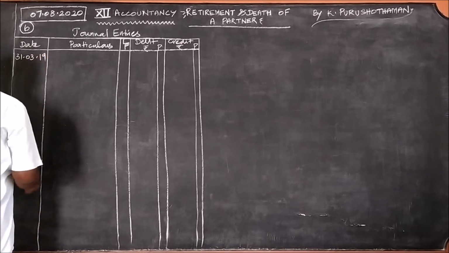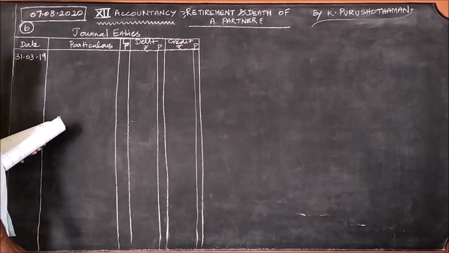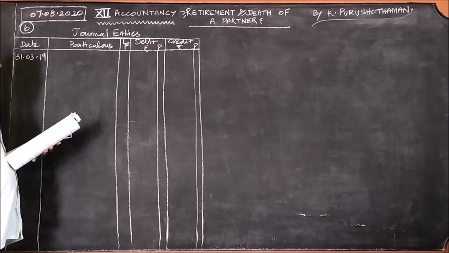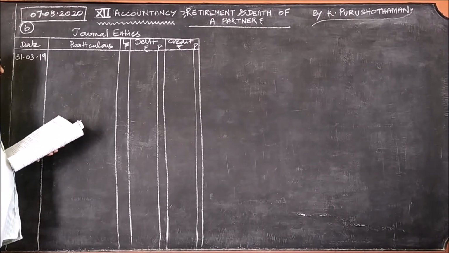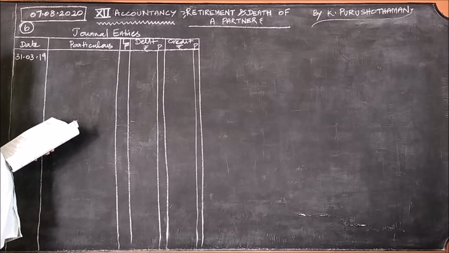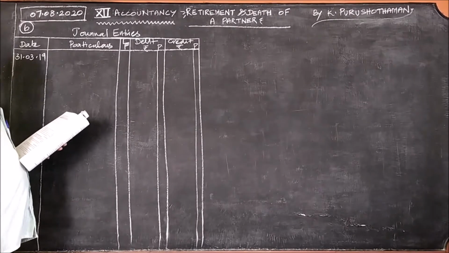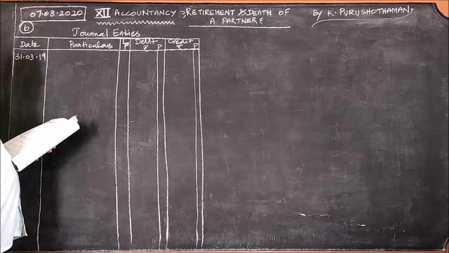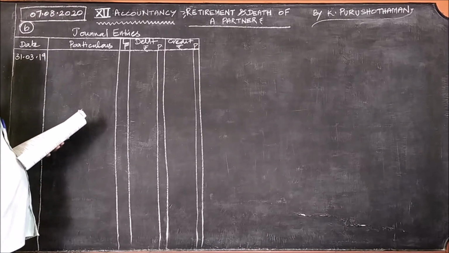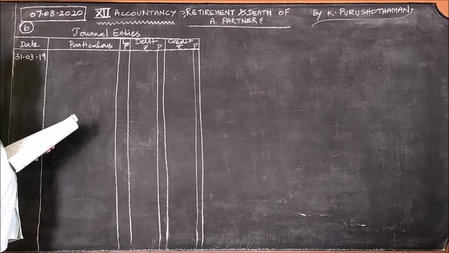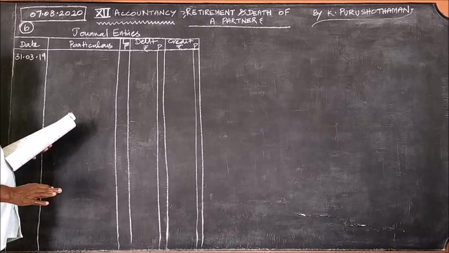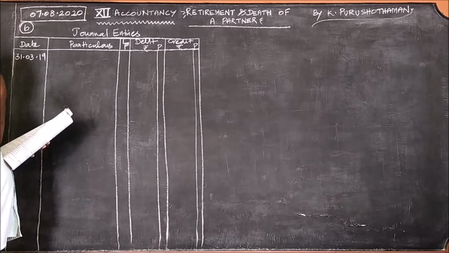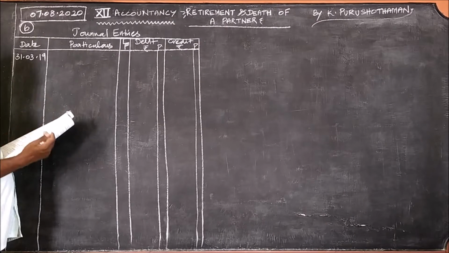So, what is the actual value before preparing it? 1,20,000. It is given in the balance sheet. See, for the preparation of revaluation account, we should go to the adjustments given under the balance sheet. From the adjustments, we should find what are the profit items and what are the loss items.